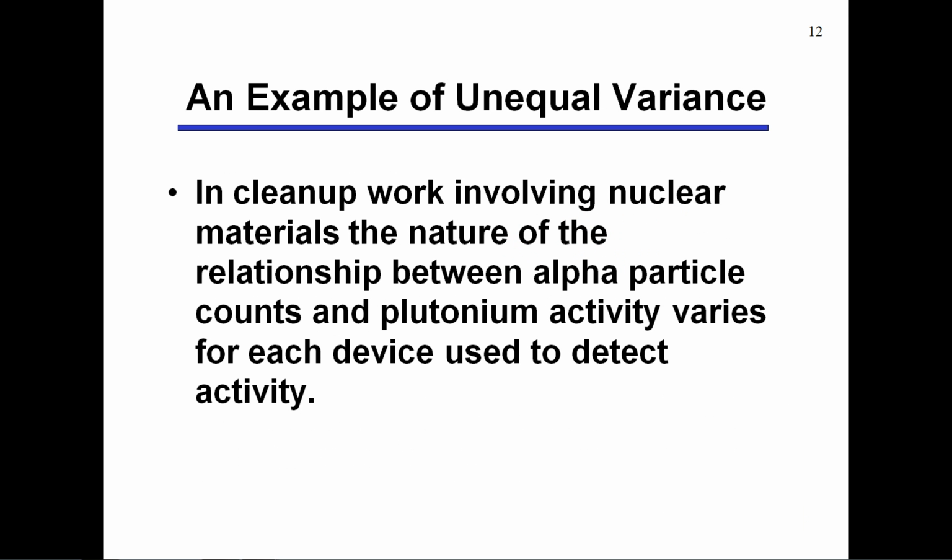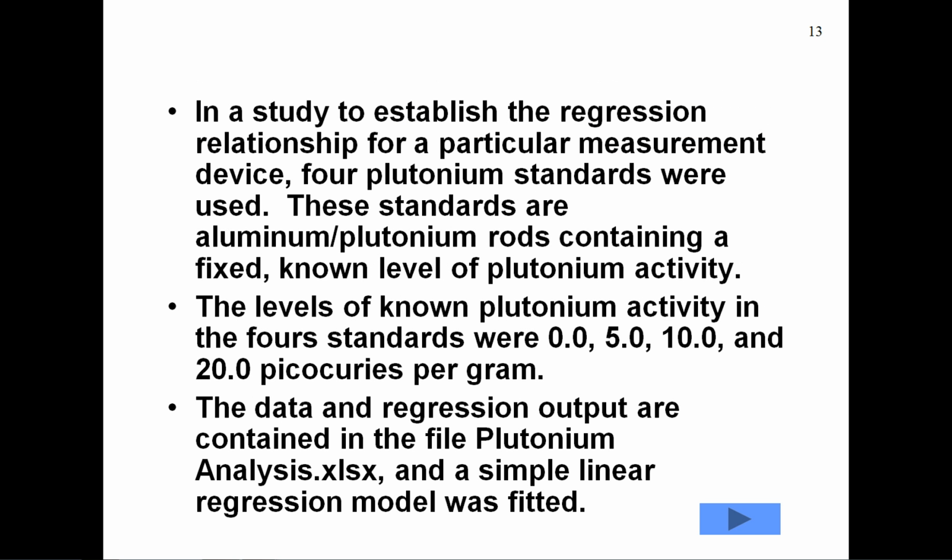Now, to illustrate a situation where that is not the case, I'm going to use some data which actually comes from the textbook, where we have a data set dealing with the relationship between alpha particle counts and plutonium activity associated with some standards that we know the activity level to be. And this is discussed somewhere in chapter 3, I believe, in our textbook. So you may see this data there. I have it in a worksheet, so we'll take a look at that.